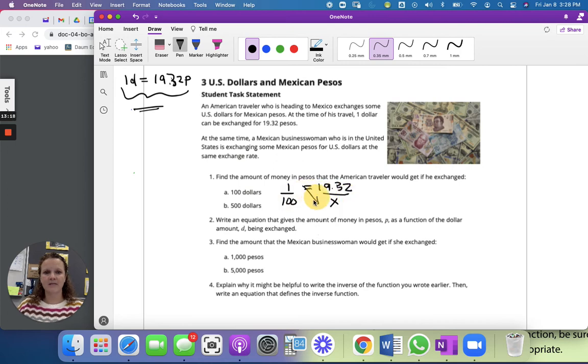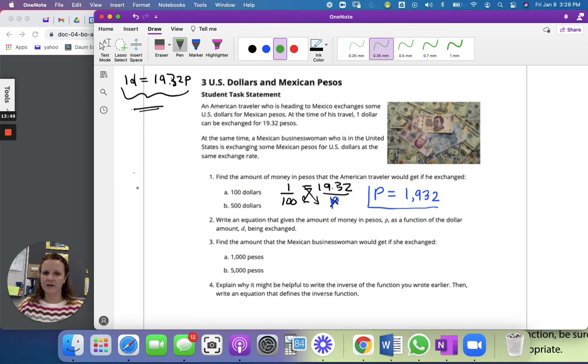All right, just going to cross multiply, and we're not going to use X. We're going to use P. So cross multiply, I get 19.32 times 100. So pesos equals, I move my decimals, 1,932. Okay, just forget everything I did until this point.